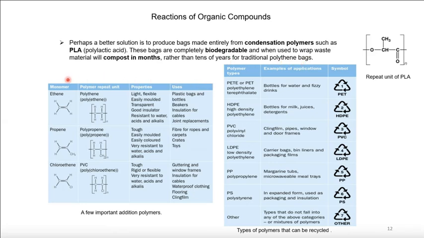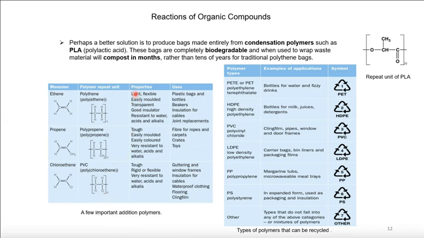So here we are showing a few important addition polymers. Ethene, we talked about it. Propene, we talked about it. Chloroethene, we talked about it. And that is the repeat unit of polyethene. It is the repeat unit of polypropene. And this is the repeat unit of polychloroethene.